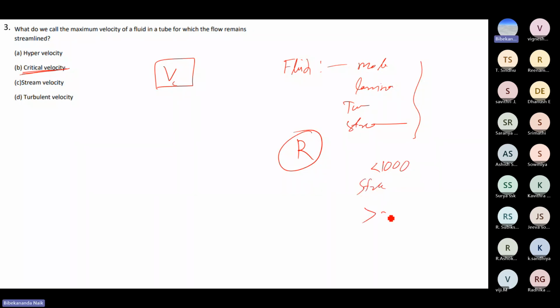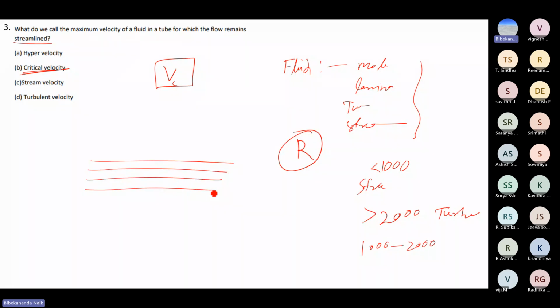If the Reynolds number is greater than 2000, the flow is turbulent. If it is 1000 to 2000, then the flow is unstable, changing from streamlined to turbulent. For streamlined flow, fluids flow layer by layer, and the maximum velocity of a fluid flowing in a streamlined mode is the critical velocity.